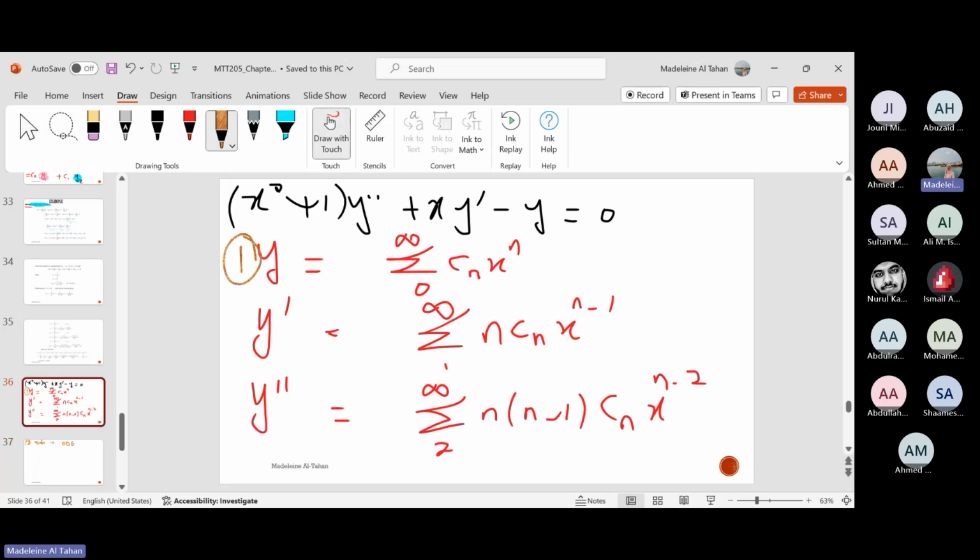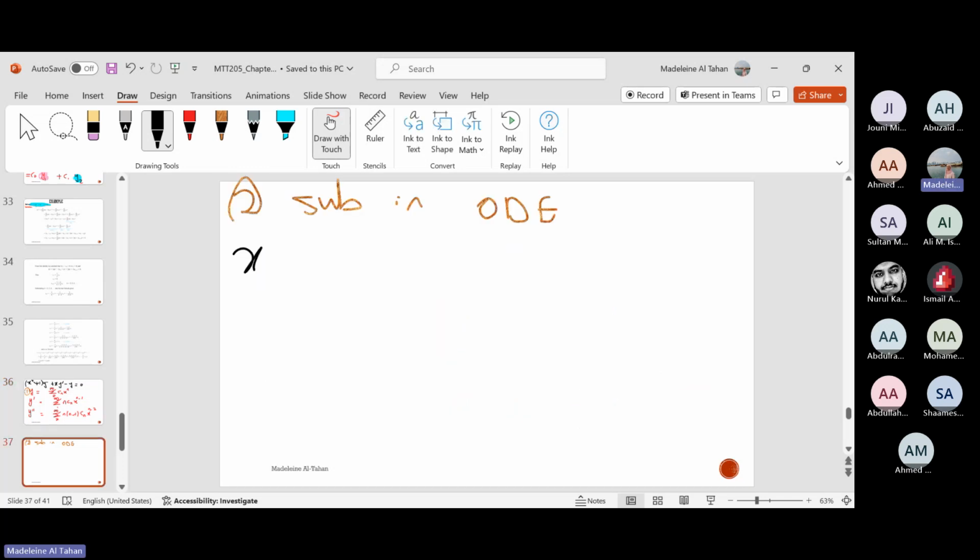Miss, now the thing here is that if we have something, it's better to expand it. So we will get here x squared y double prime plus y double prime plus xy prime minus y equal to 0.